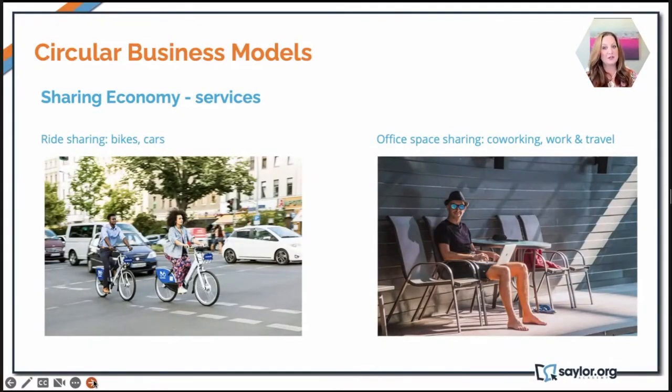Another sharing economy is office space sharing, co-working spaces. Companies today, instead of building new offices and buying or leasing large amounts of office space all to themselves, will lease co-working spaces.